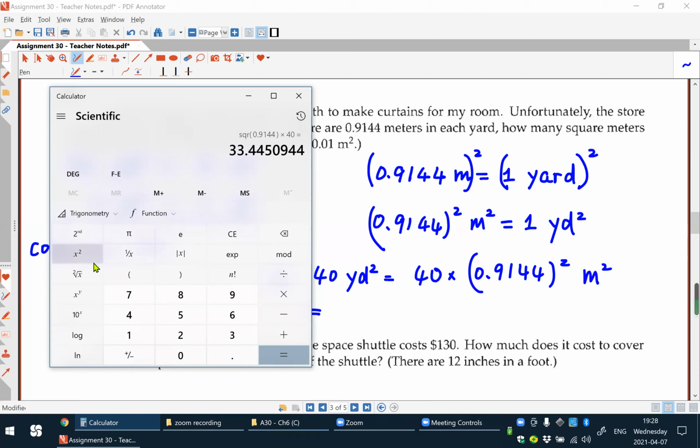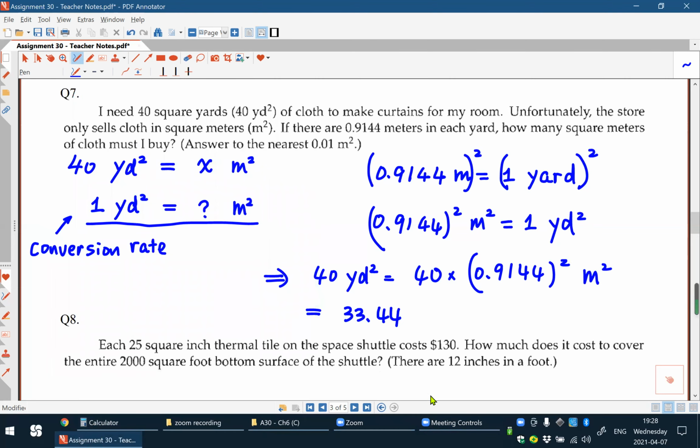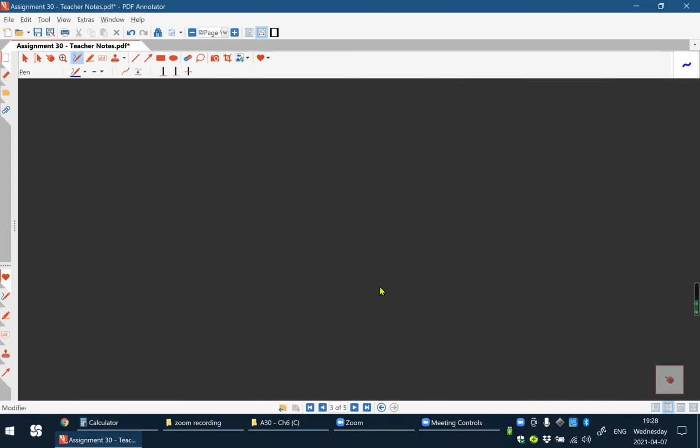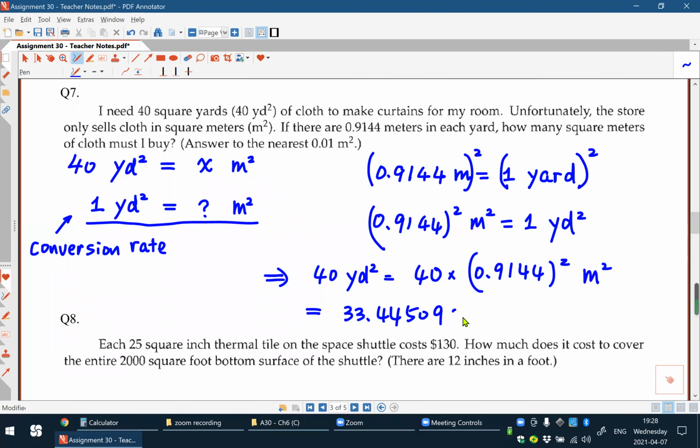That's 33.44, and this is approximately, rounded to the nearest 0.01, so this is approximately 33.45 square meters.